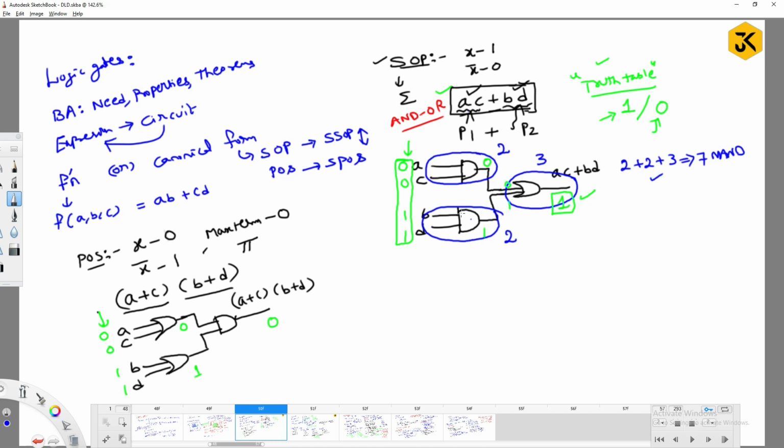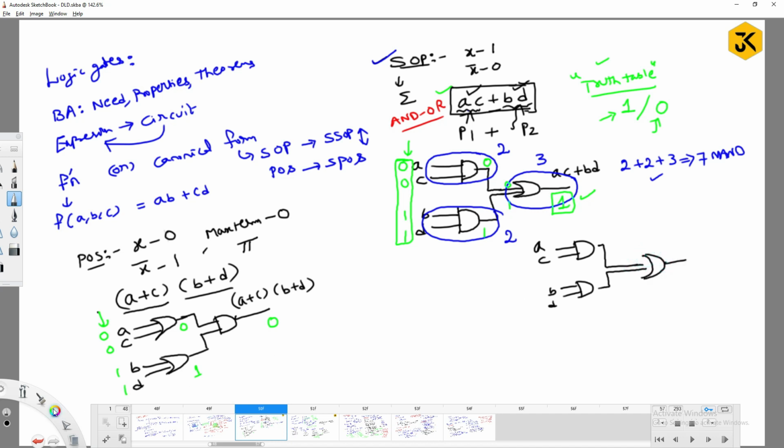This is the general procedure. But if your data is available in the form of sum of products, the simple solution is to take out the same structure. You are going to have AC, you are going to have BD. It will look like this, right?